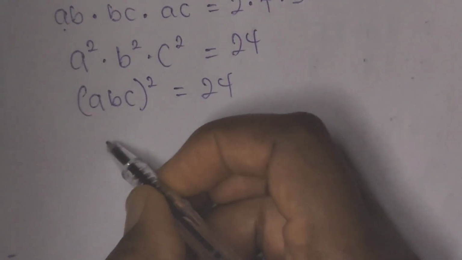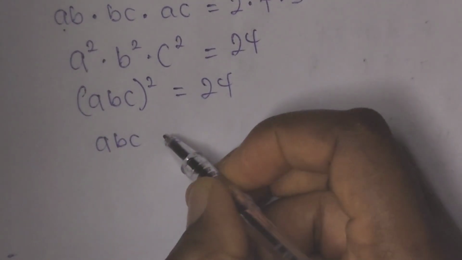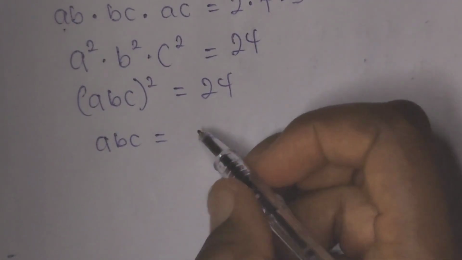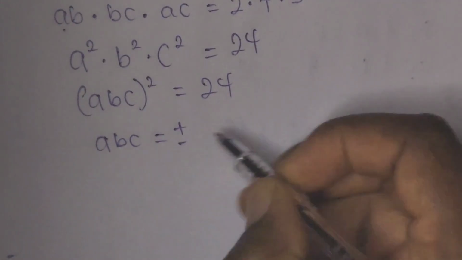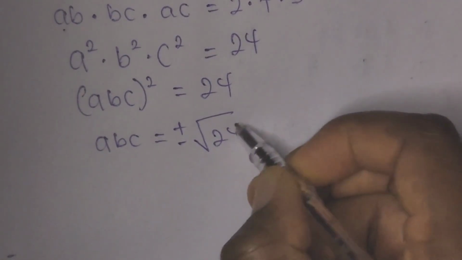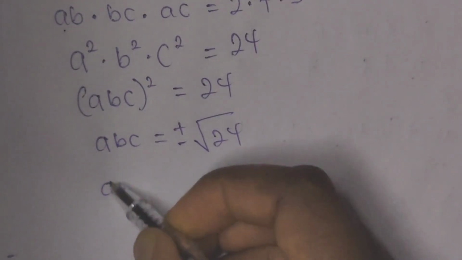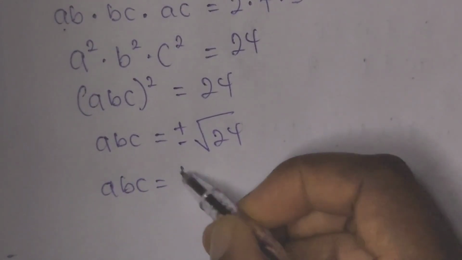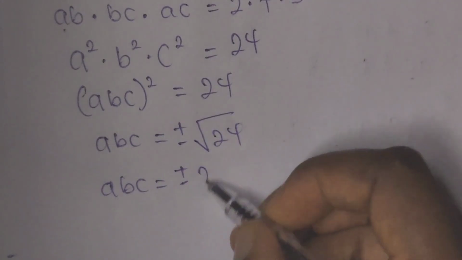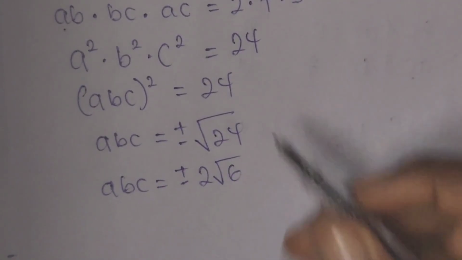So this simply means that ABC is equal to plus or minus the square root of 24, which means that ABC is equal to plus or minus 2 root 6.